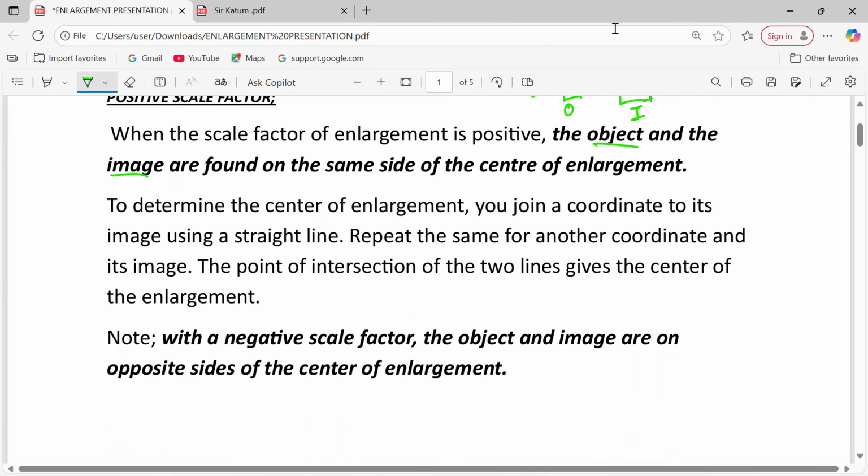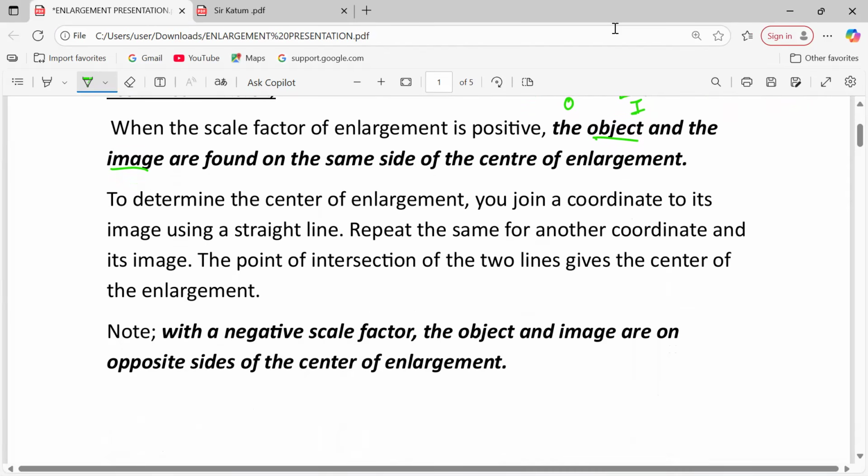And we are saying to determine the center of enlargement, you join a coordinate to its image using a straight line, then you repeat the same for another coordinate together with its image.